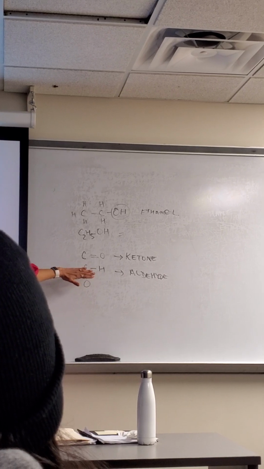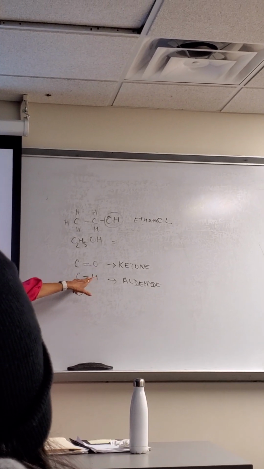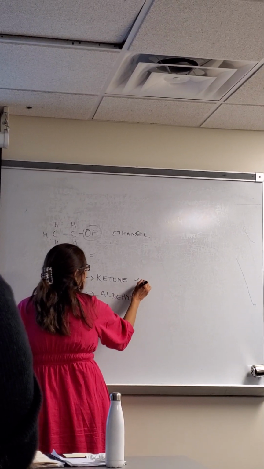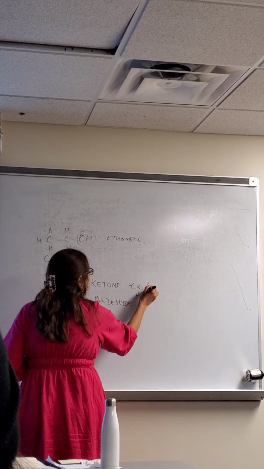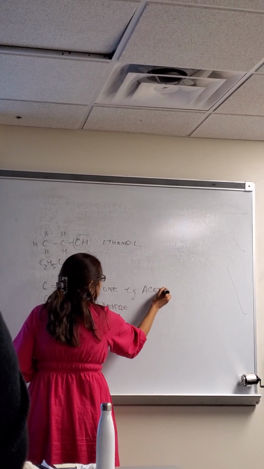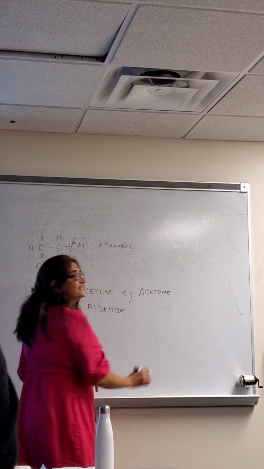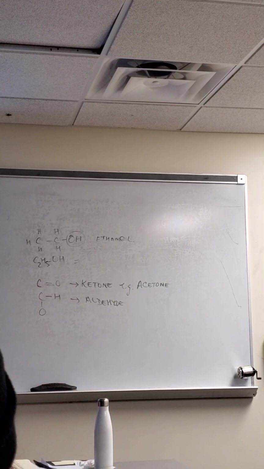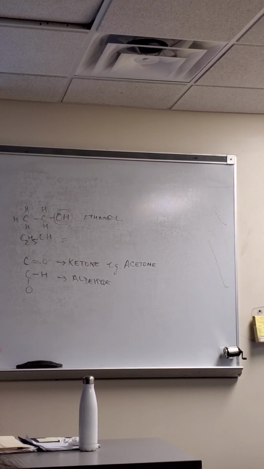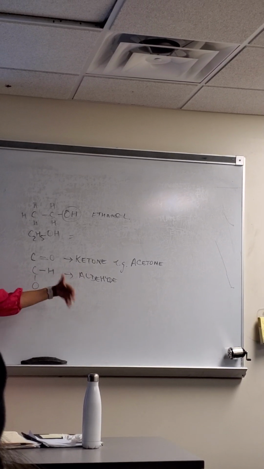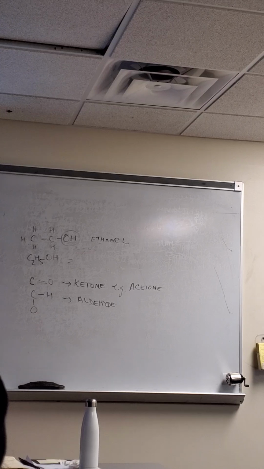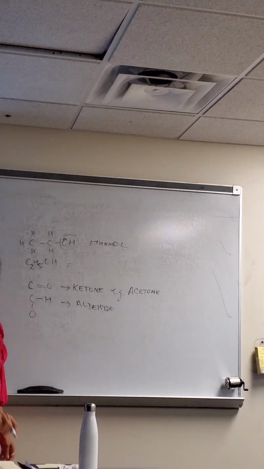When the H is not there, it behaves like a ketone. An example of a ketone is acetone. You are aware of acetone? It's the nail polish remover. That's what the ketonic group imparts. The aldehyde group can be seen in fructose, the plant sugar. Make sense?